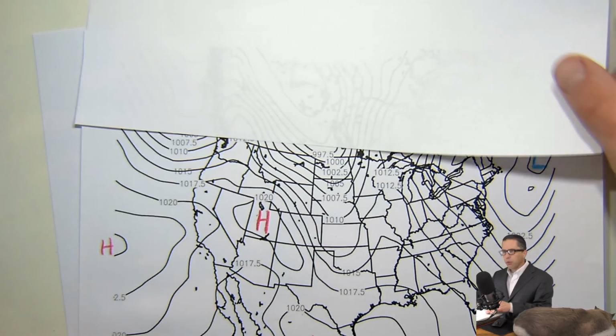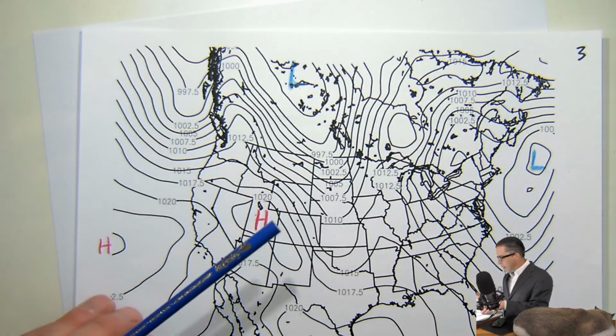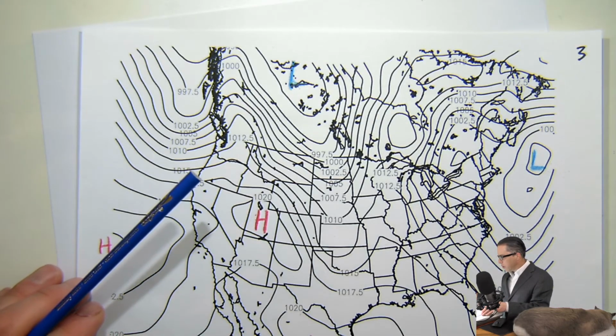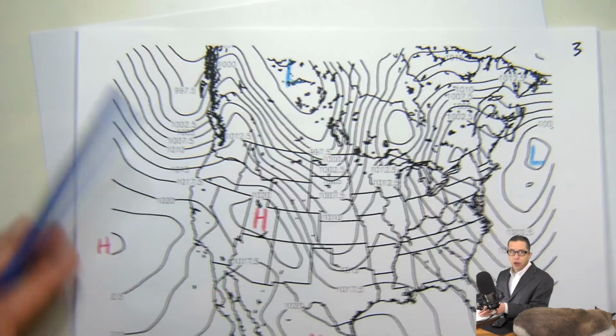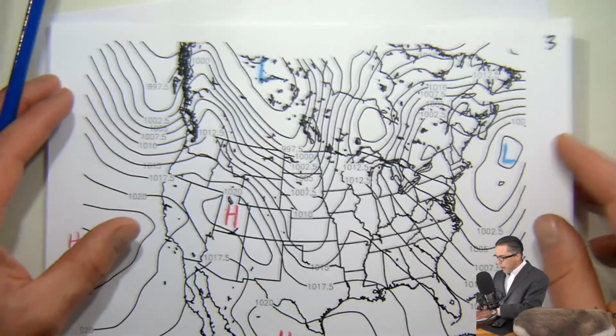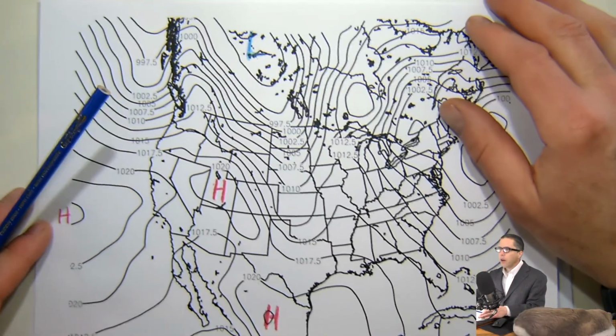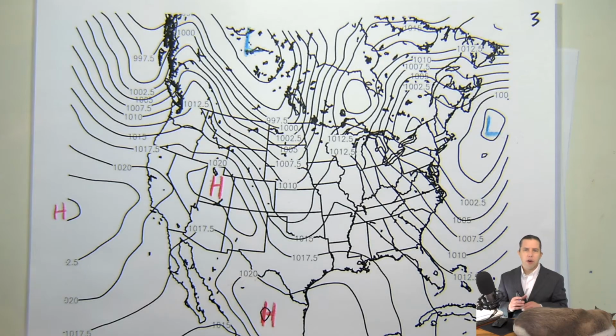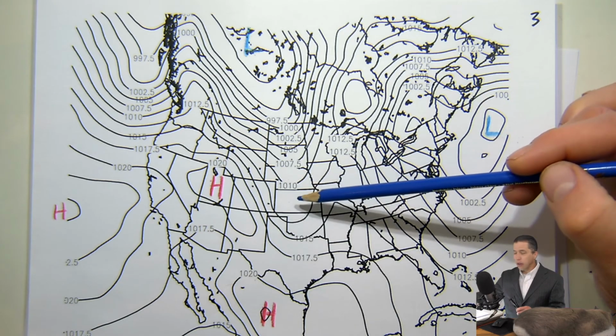So like ridge means high pressure, in weather speak, trough means low pressure. So when you hear a weather report and they talk about a trough of low pressure moving across the country, what they are saying is that there's a low pressure center moving across the country. The center of the low may not be in our country itself.